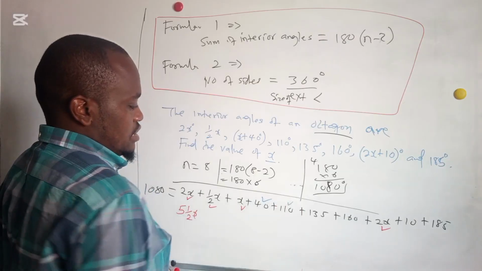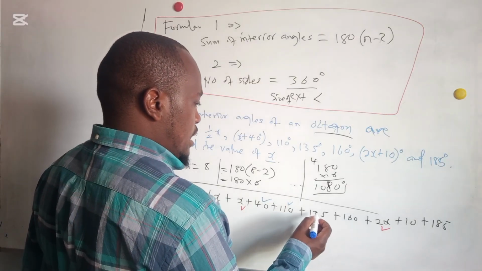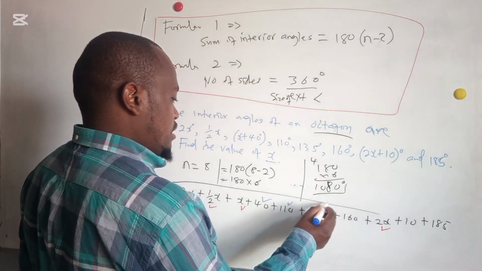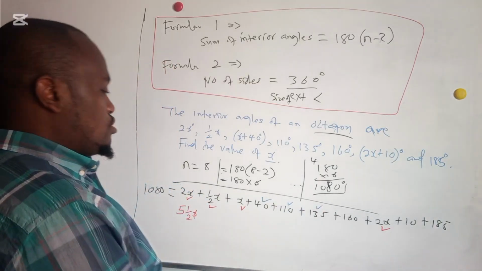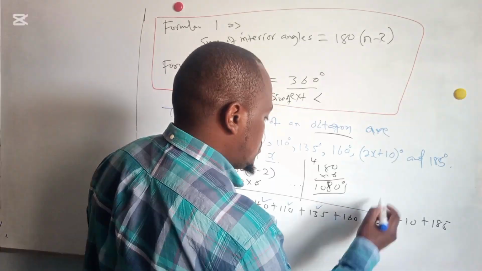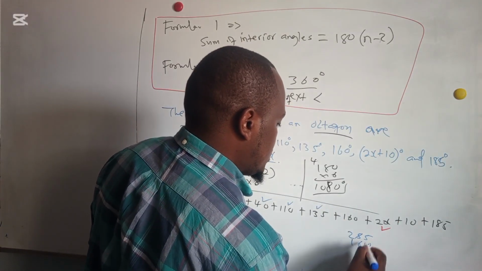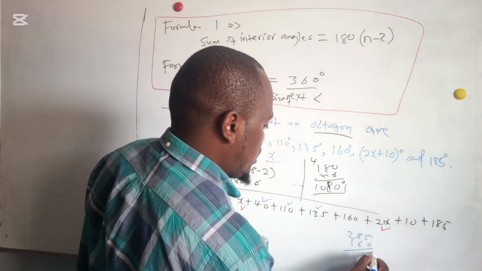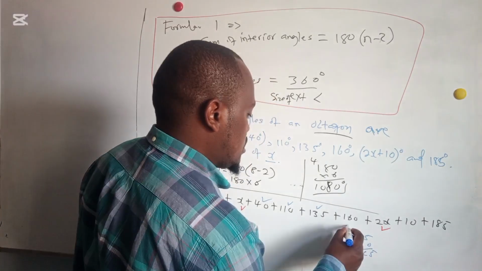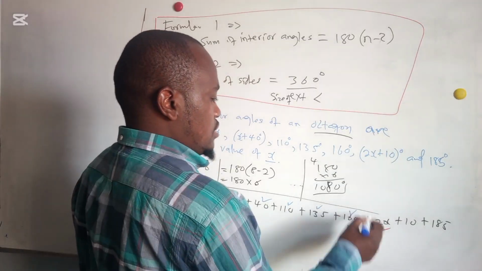Then plus, let me use a different pen so that I don't skip anything. 40 plus 110, that is 150. 150 plus 135, that is 285. 285 plus 160 should give you 445, you have that one also.